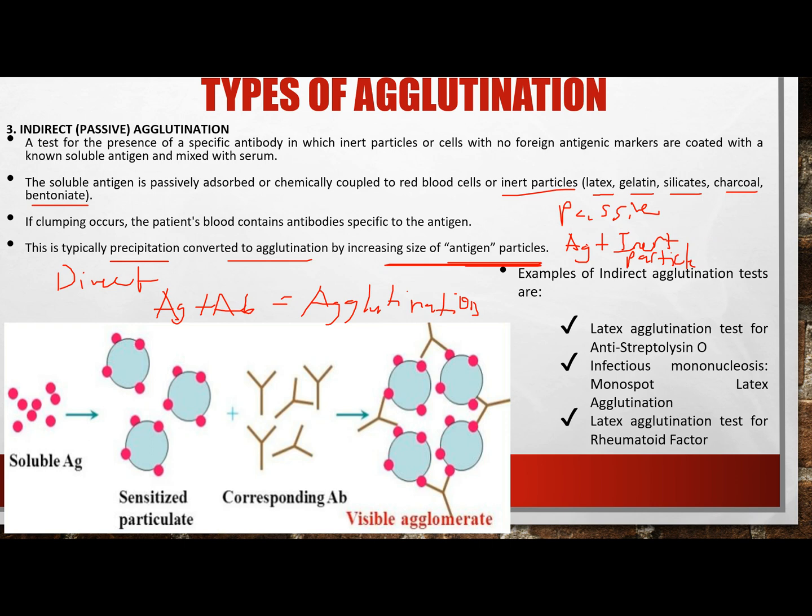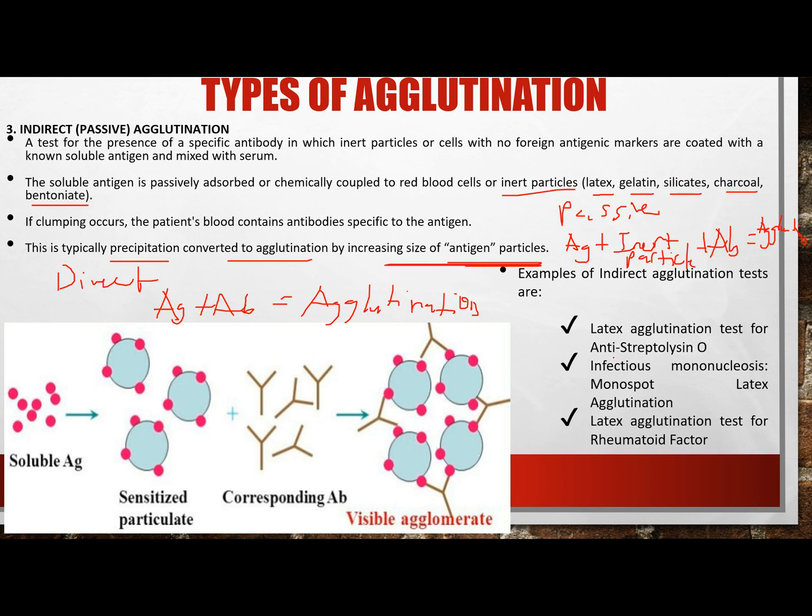So the antigen would bind to an inert particle, plus an antibody, to produce an agglutination. So take note of that. They are passively adsorbed to the inert particle.